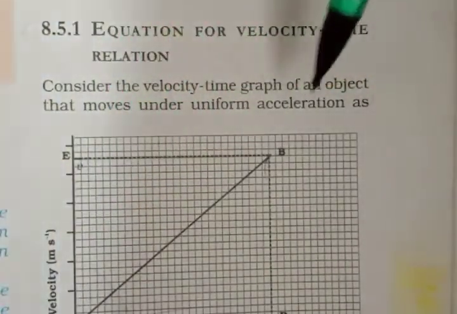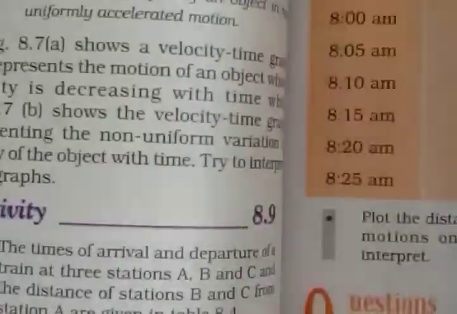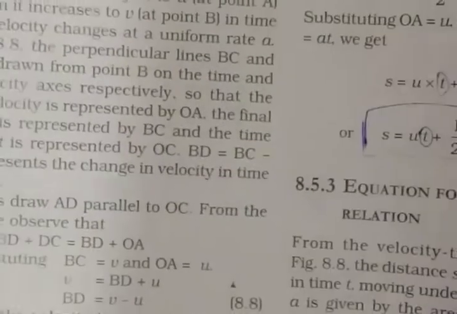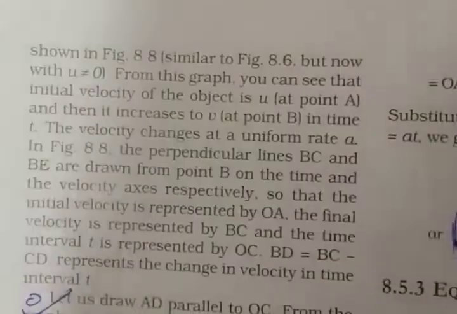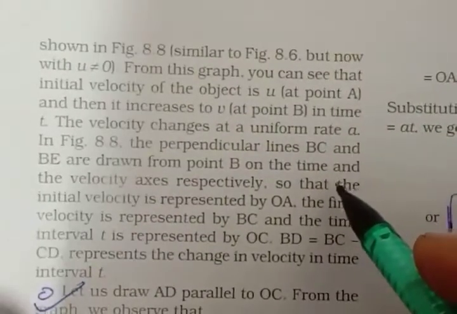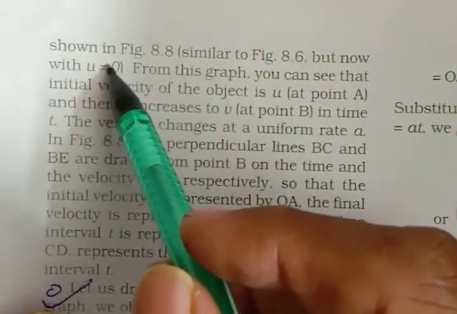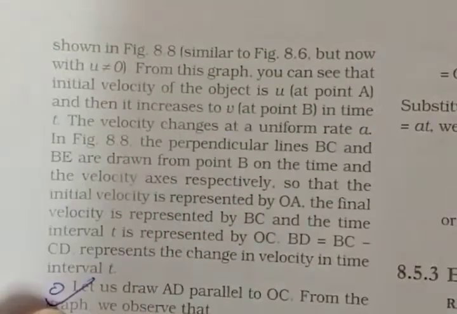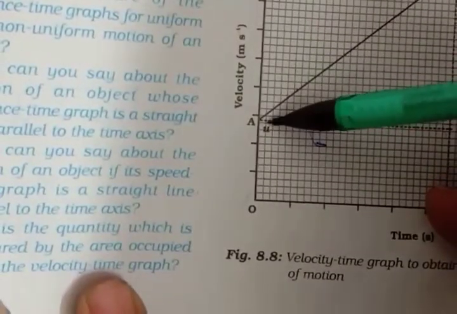Why? Because it is a straight line. As shown in figure 8.8, but now with u not equal to 0. Here you can see that u is not equal to 0.